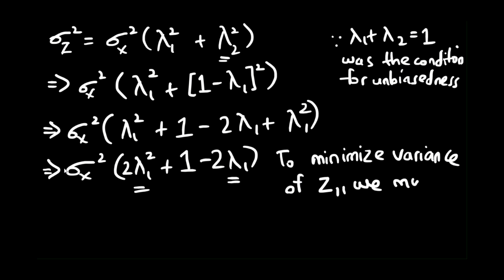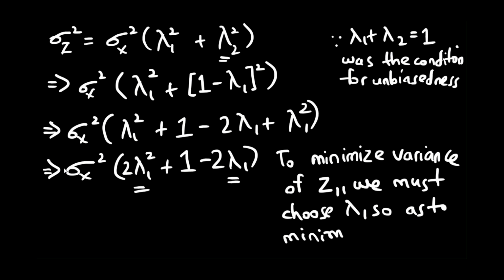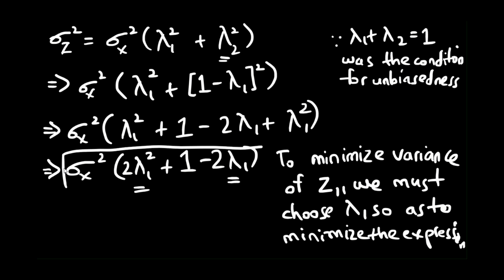We must choose lambda 1 so as to minimize the expression. This is the expression that we are going to work with. And let's continue on the next slide.